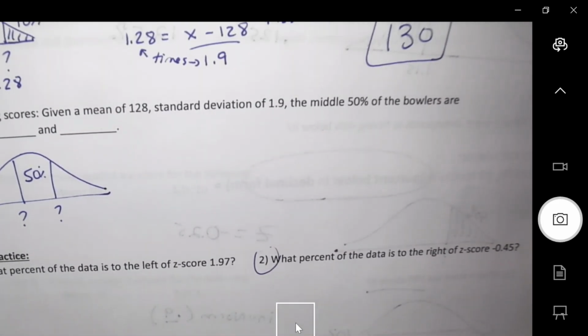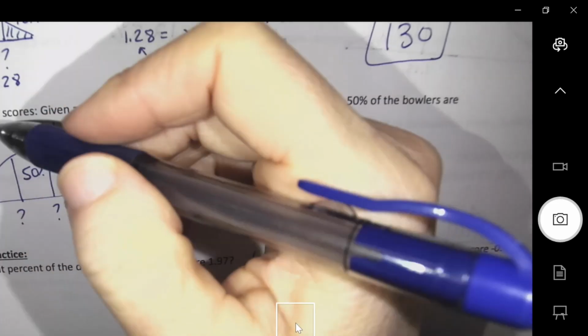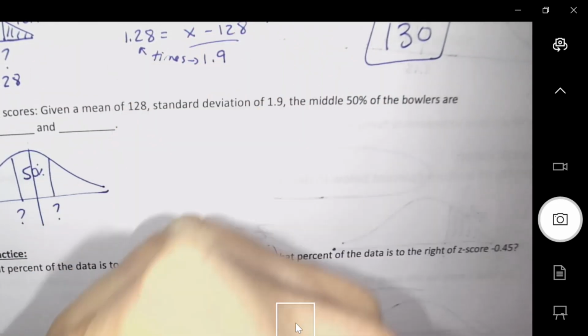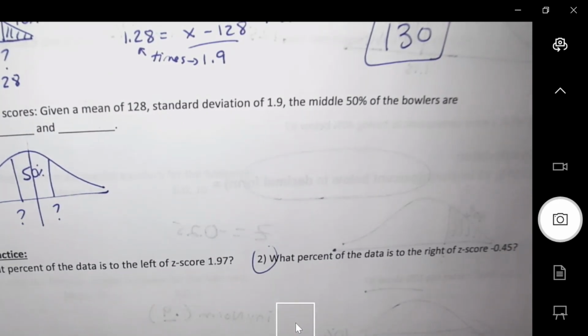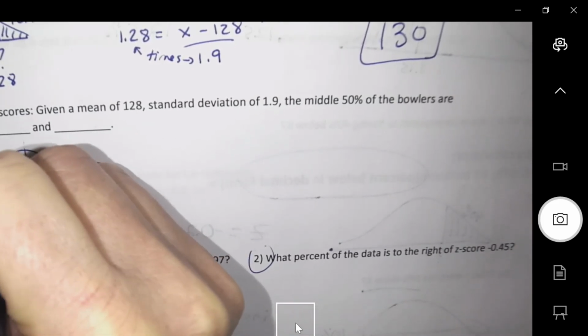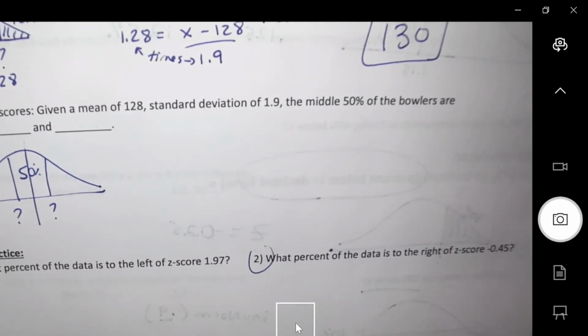So the middle 50% of this curve. Okay. Don't forget that there's a line right there, right? That's the halfway. How much percent is below you from there?